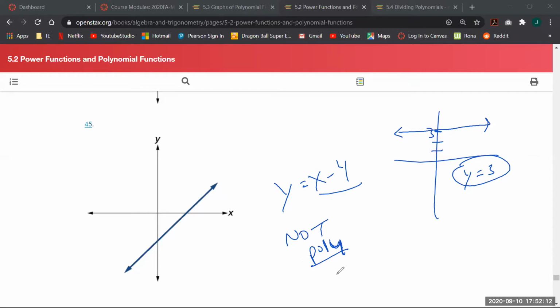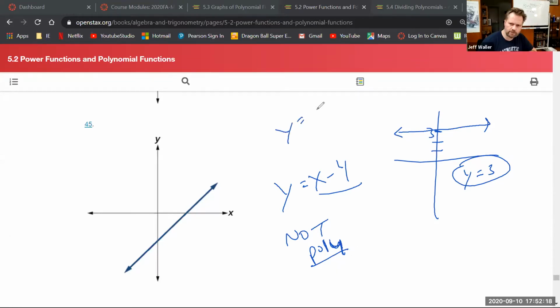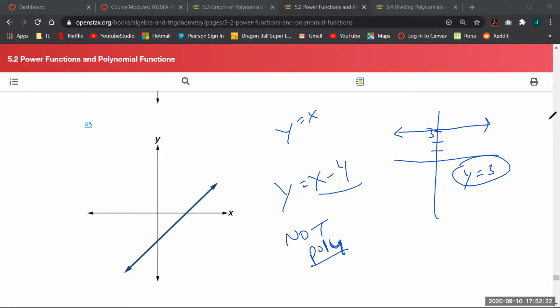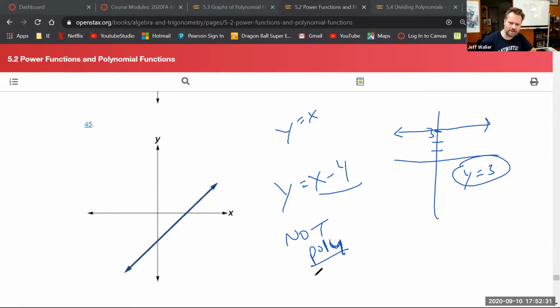I meant x equals 3. Oh, okay. So yes, you're right. X equals 3 is not a polynomial function. I like it. It's not even a function though. That's the big problem.